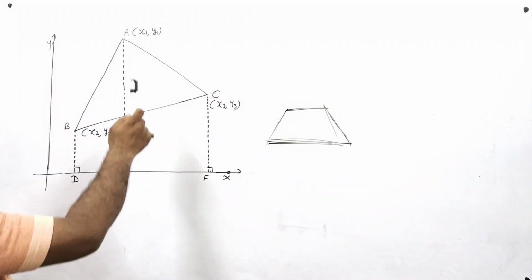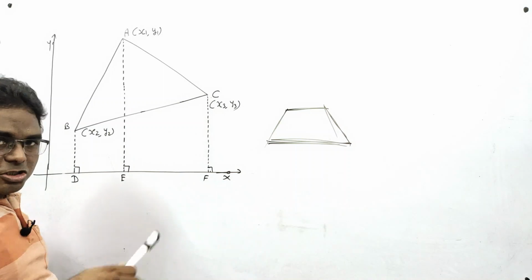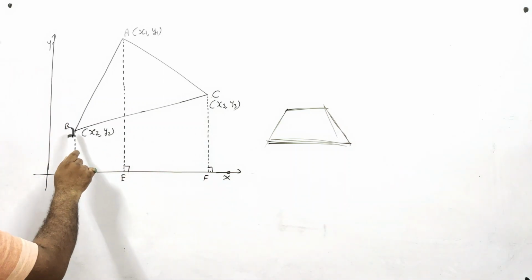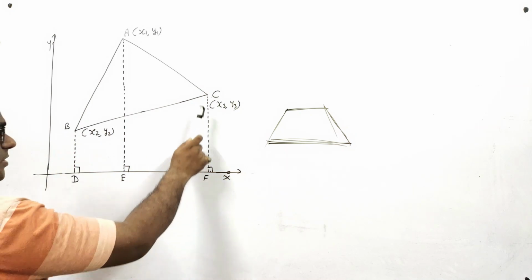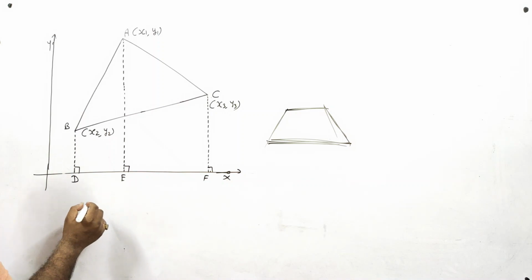Now in the same way, AEFC is also a trapezium. And if I ask what is this? BDFC, it is also a trapezium. So let me write something here.